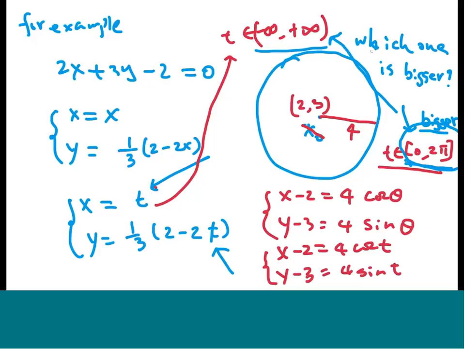It's hard to explain, but you should have the sense that the closed interval is a little bit bigger than the open interval. So 0 to pi actually has one more element than minus infinity to plus infinity.